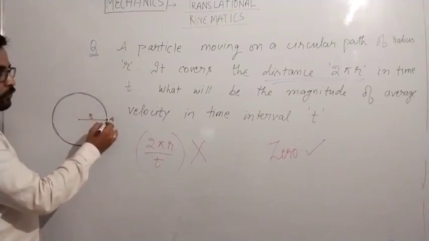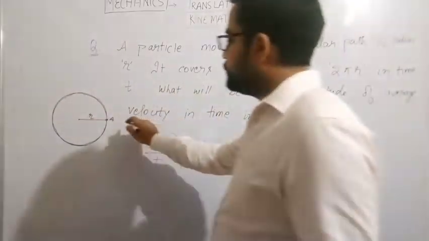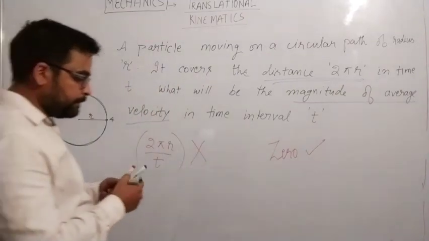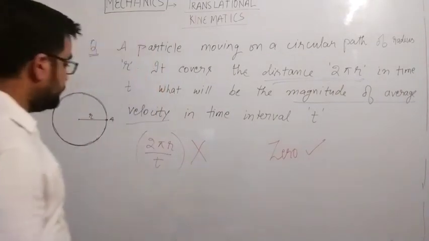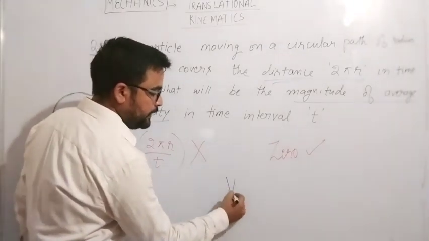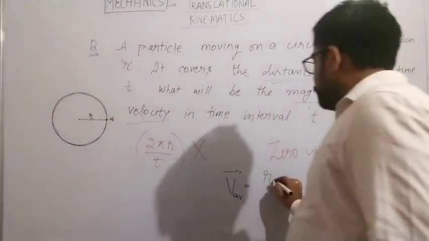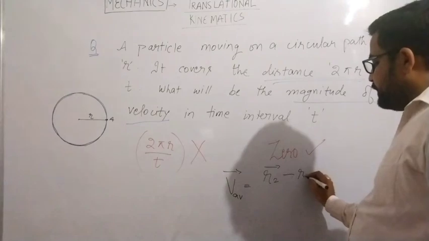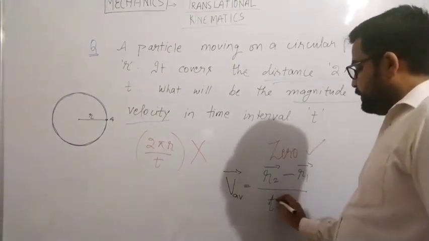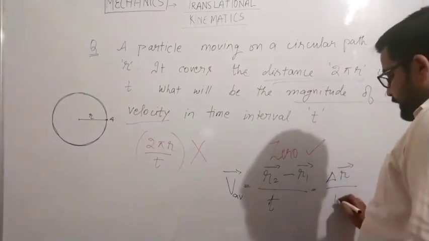So what will be the magnitude of average velocity in time t? Average velocity in time t will be r2 minus r1 upon t, that is delta r upon t.